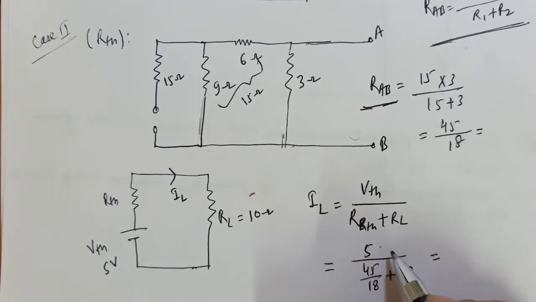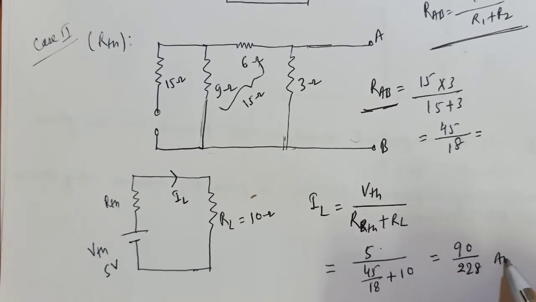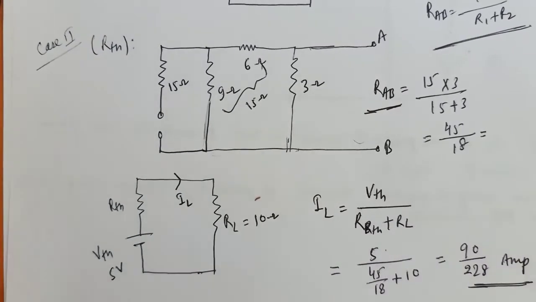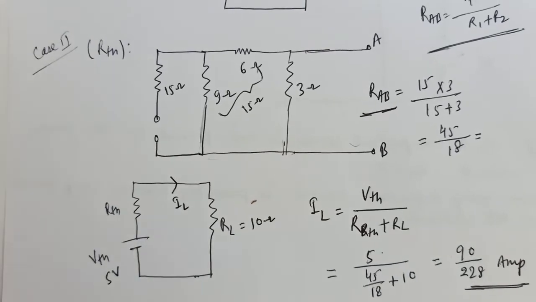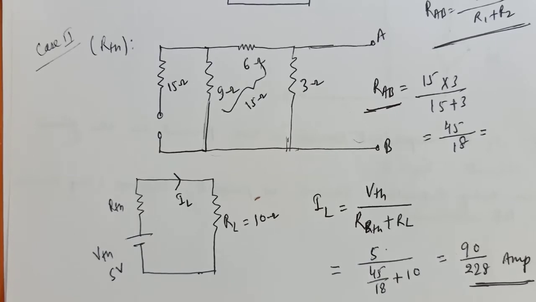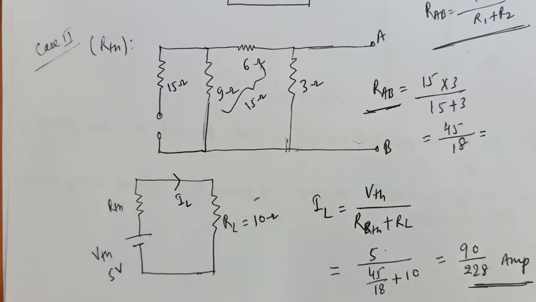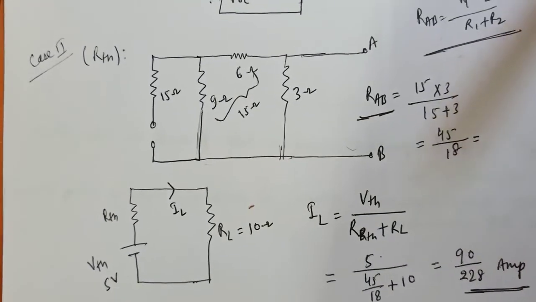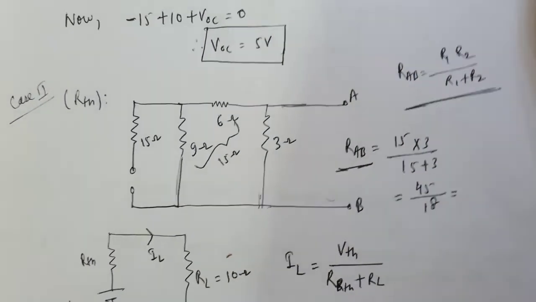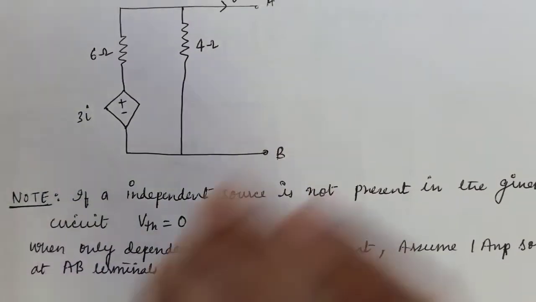So when you solve this, you will get 90 by 228 ampere. Clear? So this was the procedure how to solve for current flowing through the load resistance by applying the Thevenin theorem. Clear? I hope you got the idea how to apply the Thevenin theorem. So now let's move towards another question with another concept.